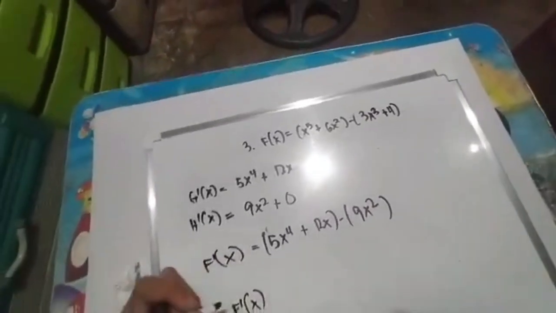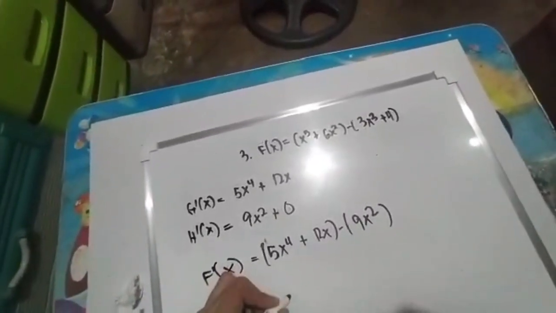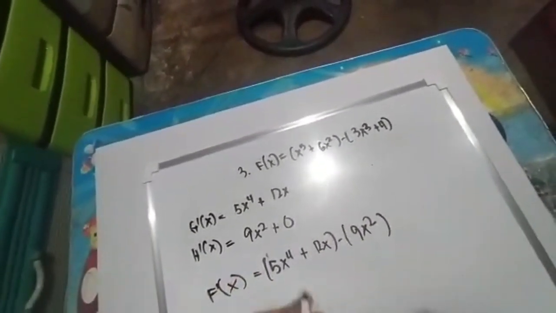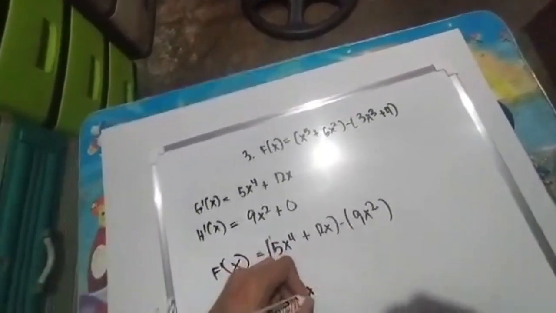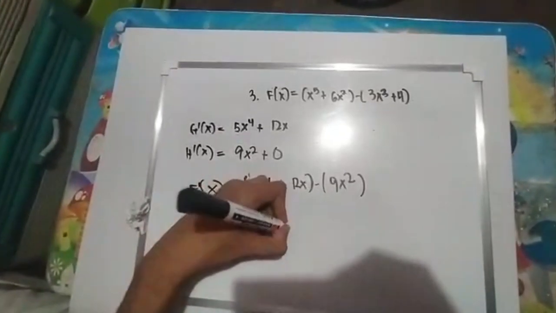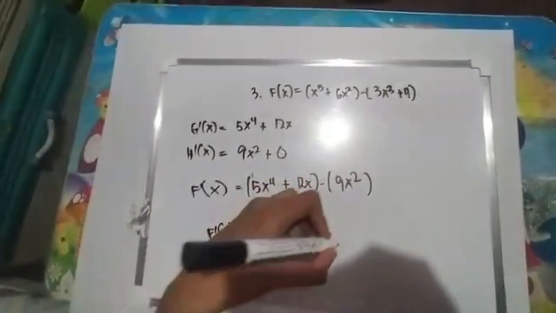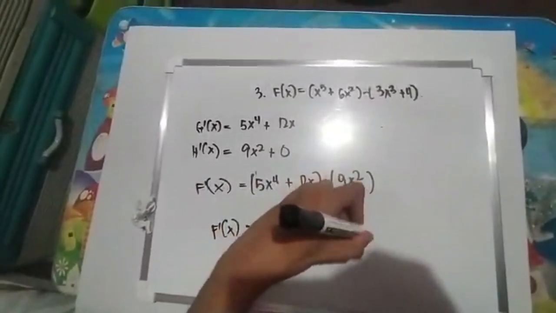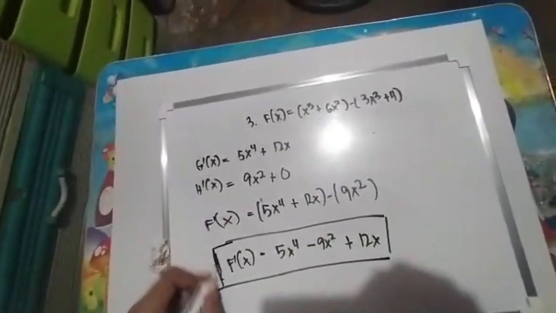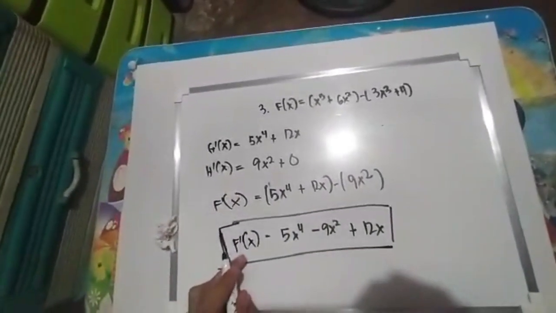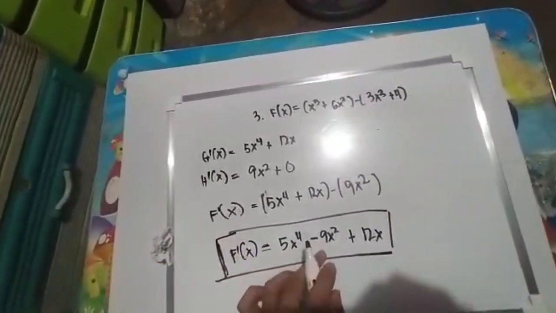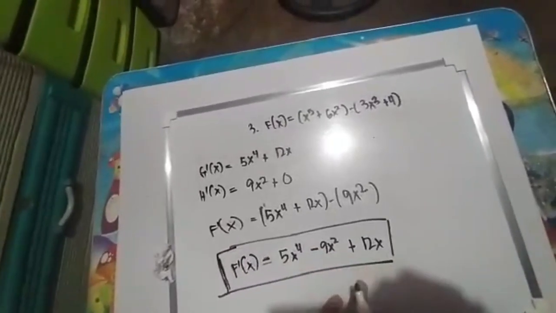F prime of x equals to 5x 4 then minus 9x squared plus 12x, and then this is our final answer for question number 3. F prime of x equals 5x to the power 4th minus 9x squared plus 12x.